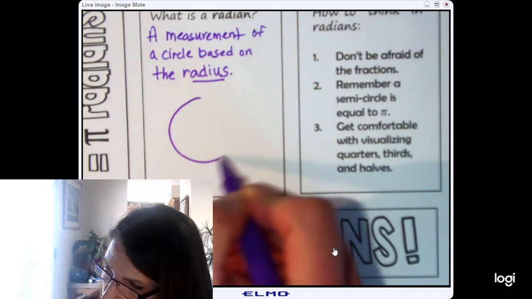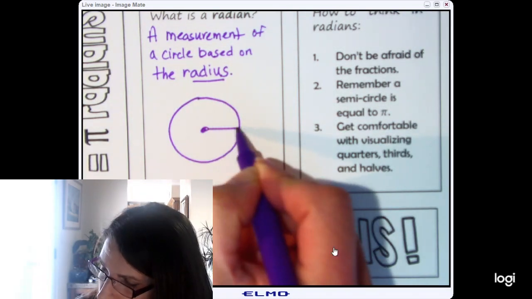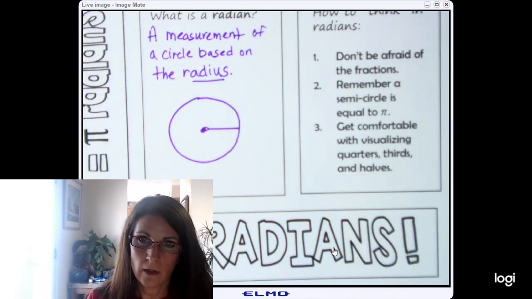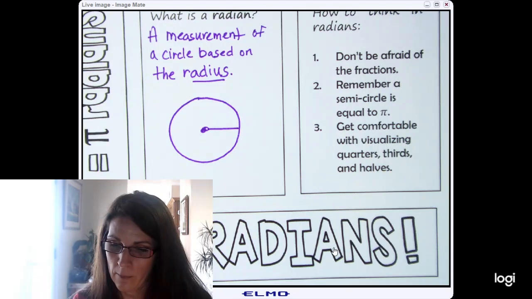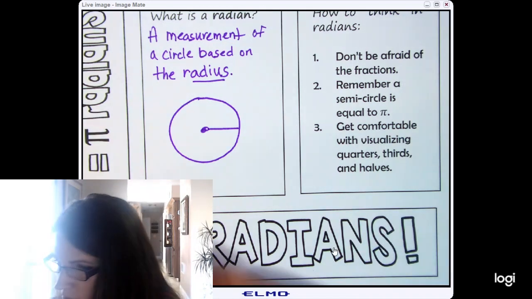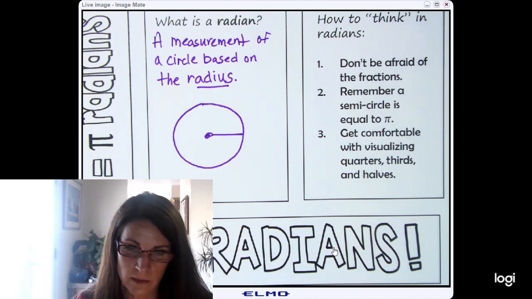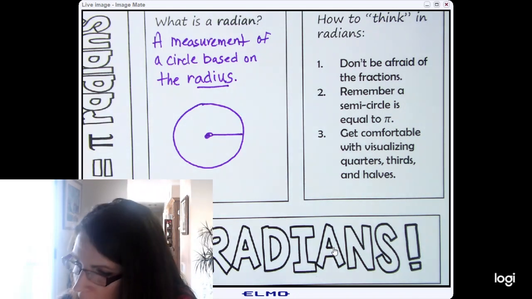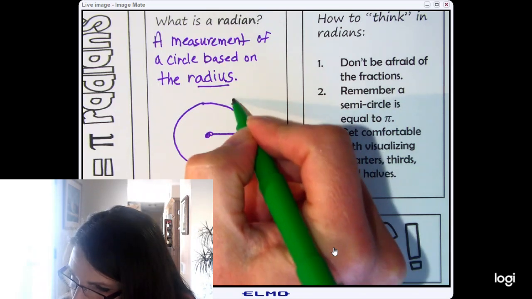Draw a circle. Show me the radius. Now, if I were to pick up that radius right out of the circle and start to overlay it around the circumference, let me show you what would happen. One radius would land you about here.